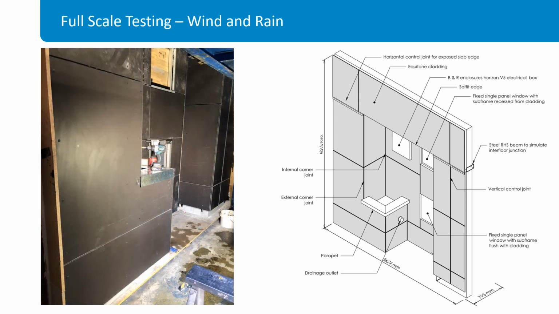But the test is essentially testing the WRB in combination with the cladding material. The cladding's there, as I discussed, to deflect water away from the WRB system, and they operate together to get a weatherproof outcome.